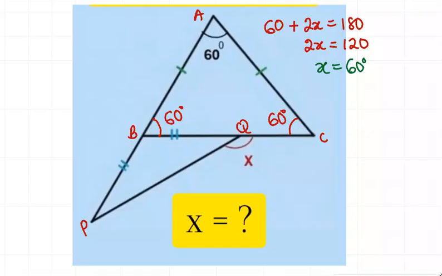Now let's also take note, considering triangle BPQ, you also get to see you have two bars here, which also implies that the triangle BPQ is an isosceles triangle, which implies that this angle here and this angle, which is the base angle of BPQ, are equal. Okay?